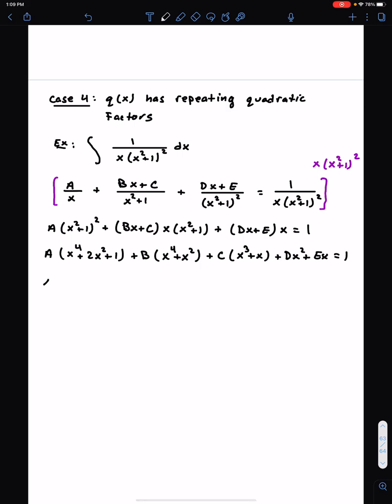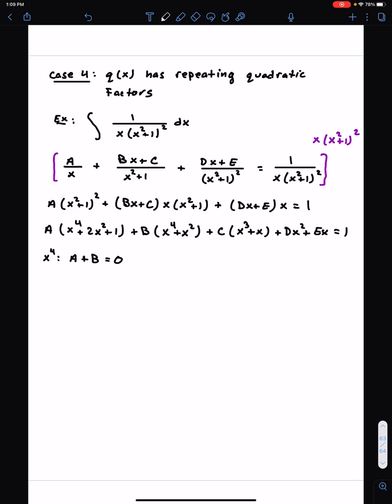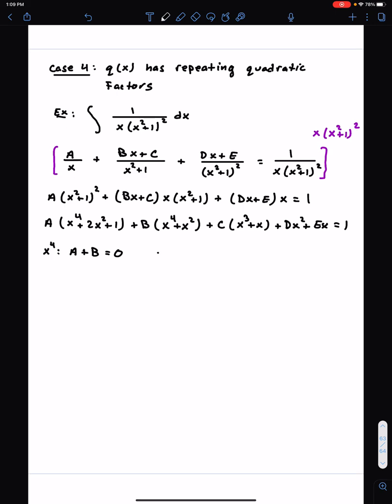So now if I equate coefficients, all of the x to the 4ths on the left side are a plus b. There are no x to the 4ths on the right side, which means it's equal to 0. The coefficient of x cubes on the left side is c. There are no x cubes on the right side, so that's equal to 0.